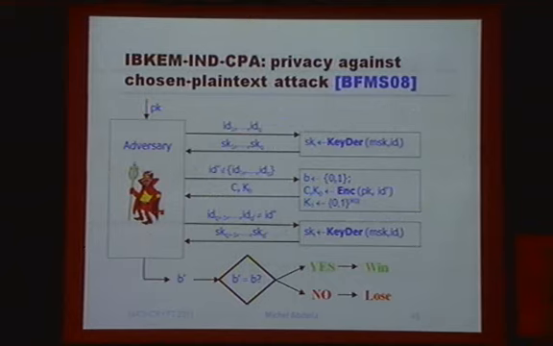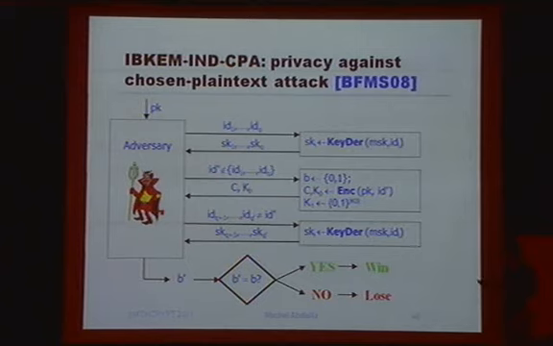The standard security definition for these schemes is IND-CPA, the equivalent of the CPA notion for standard public-key encryption. It should be hard for you, for a given challenge identity, to distinguish whether you received a ciphertext and the key that was encapsulated, or a random key. You should not be able to tell which key you actually received.